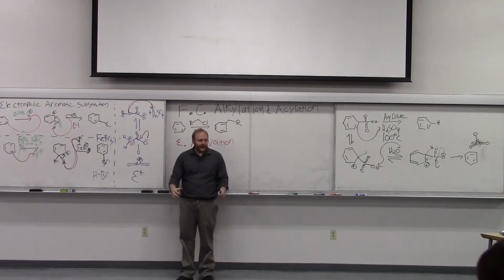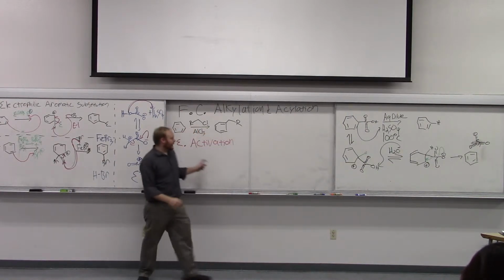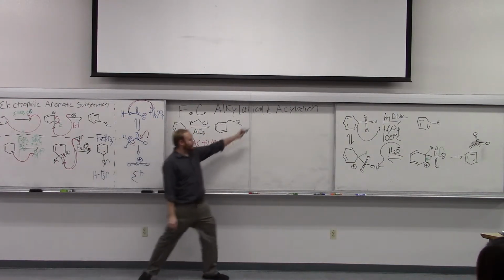Basically, if you have a secondary or tertiary, it's going to be a lot like an SN1 reaction. If you have a primary, it's going to be a lot like an SN2 reaction. So let me do the primary first, and then I'll do the other two.